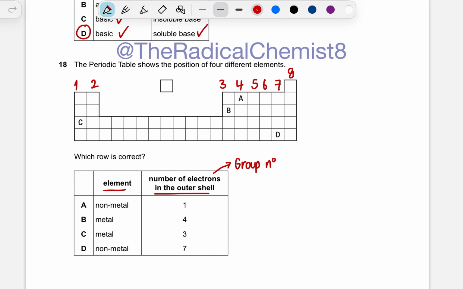A is in group 4, so that's incorrect. B is in group 3, so that's incorrect. C is in group 1, so that's incorrect. And D is in group 7 indeed, so it does have 7 electrons in the outer shell, and group 7s are the halogens, so the answer is D. So it's a non-metal.